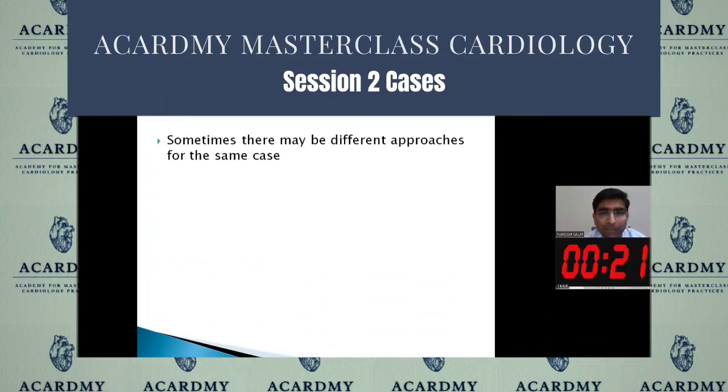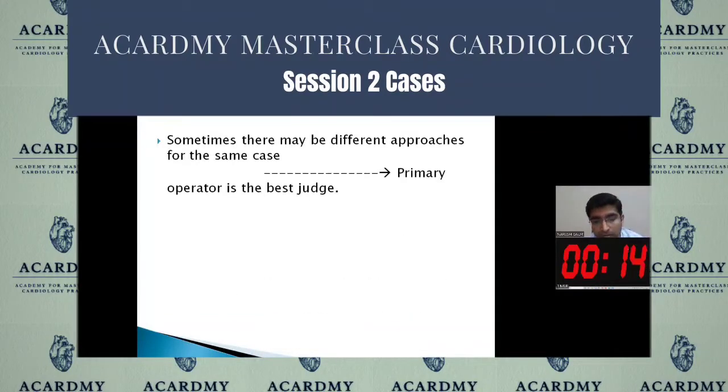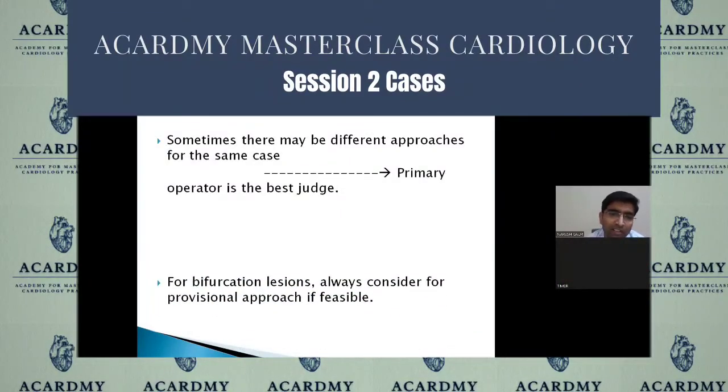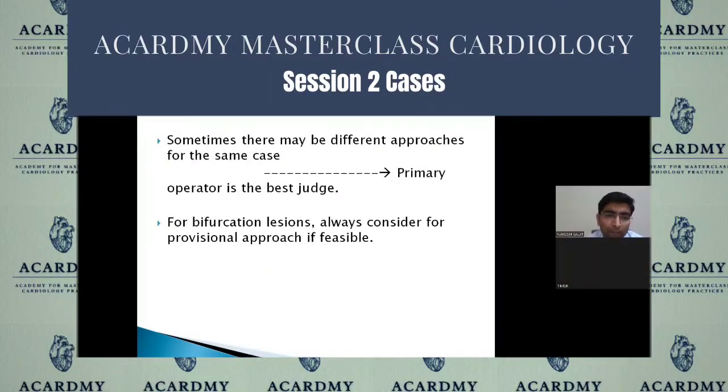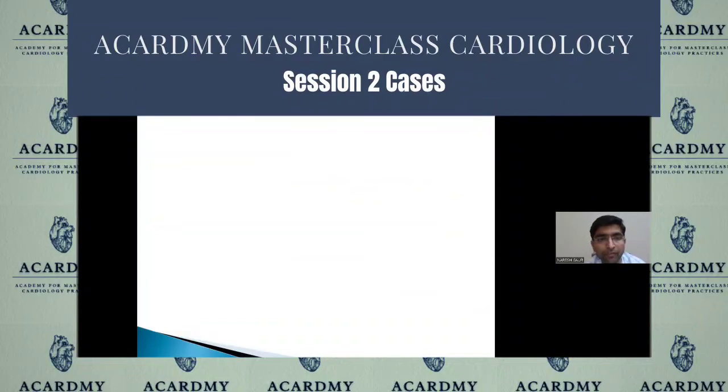Sometimes there may be different approaches for the same case, but ultimately the primary operator is the best judge, who is dealing with the patient's hemodynamics, patient symptoms, and transient hemodynamic compromise that cannot be discussed or shown in this webinar. So for bifurcation lesions, always consider a provisional approach if feasible, and your decision will decide the short term as well as the long term outcome of the patient.